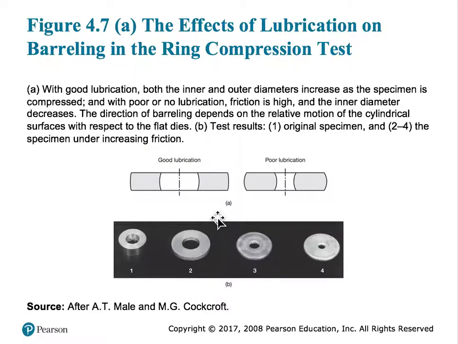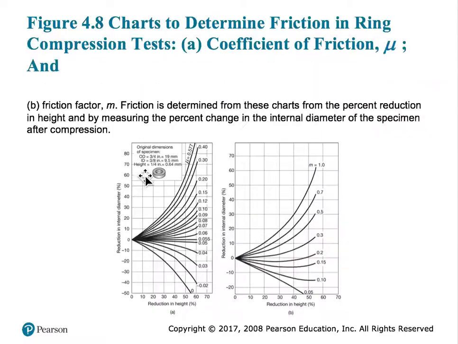So you know that when you are trying to compress something into a final shape, you are trying to avoid barreling if at all possible. So if you have good lubrication, then you would avoid the barreling. But if you have poor lubrication, then it is going to generate a lot of barreling in your final part. So poor lubrication is not as good as good lubrication in your part manufacturing process.